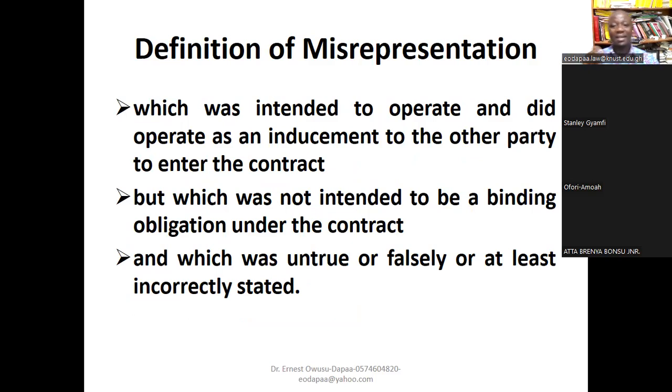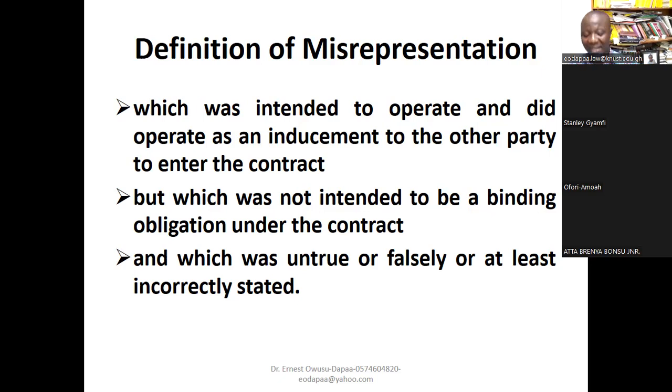And for that matter, if upon closer examination, the statement could not be said to have been intended to operate and actually did operate as an inducement to the other party to enter into the contract, that statement cannot give rise to misrepresentation. So that is very important.